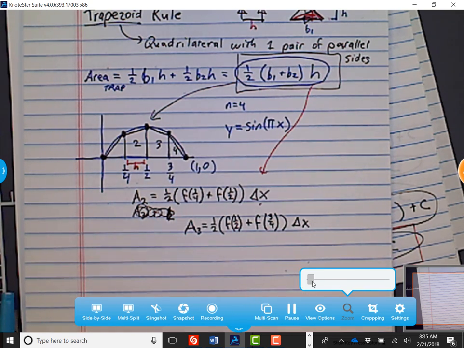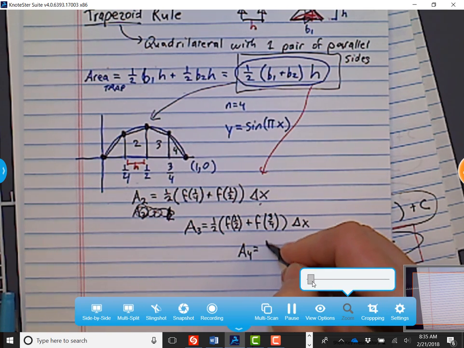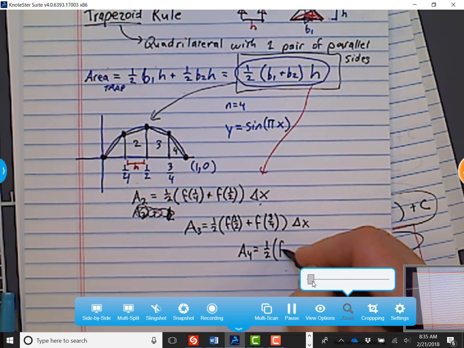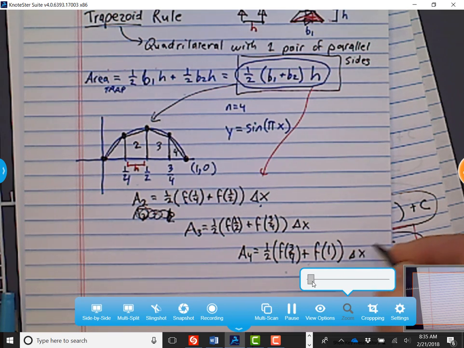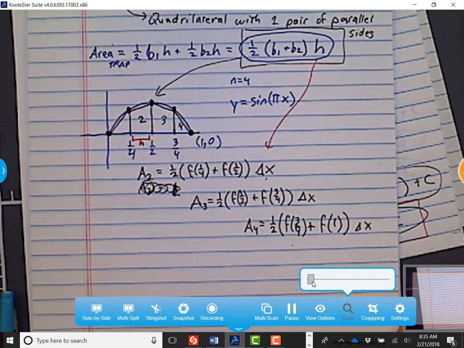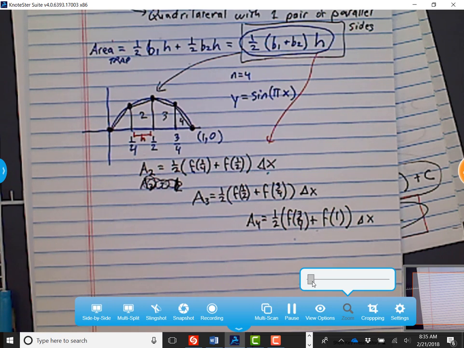When I go to area number 4, you'll notice you have 1/2 of f of 3/4 plus f of 1 times delta x. In my example, that's just 0, so it doesn't matter. Okay? And I skipped area number 1. But these things all have something in common, right? So you can put all this together and you get the trapezoid method.